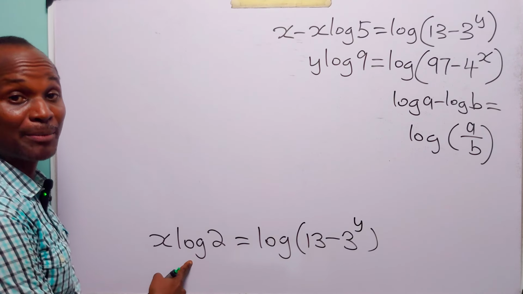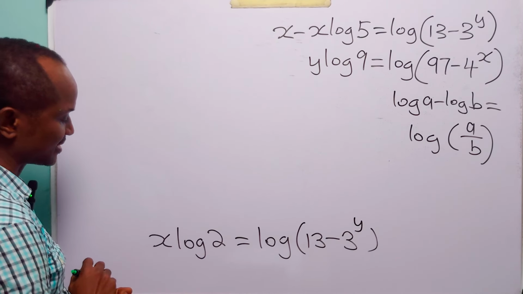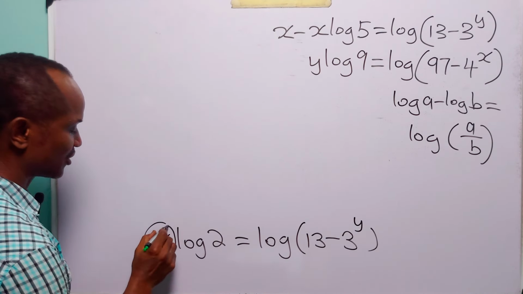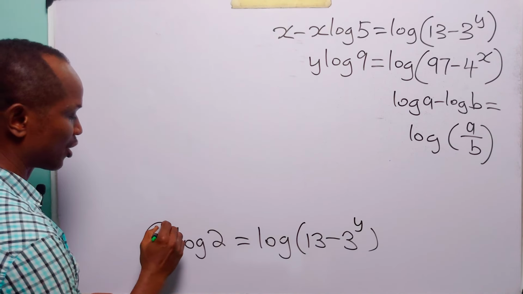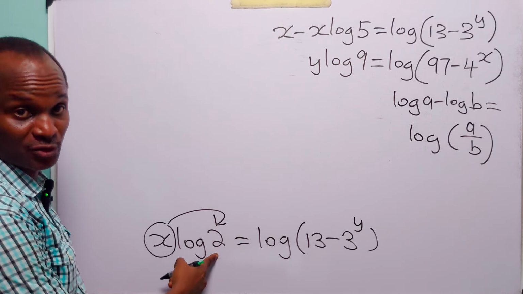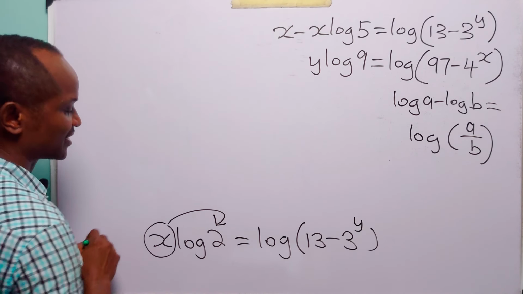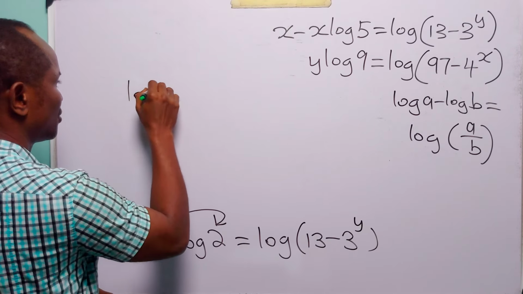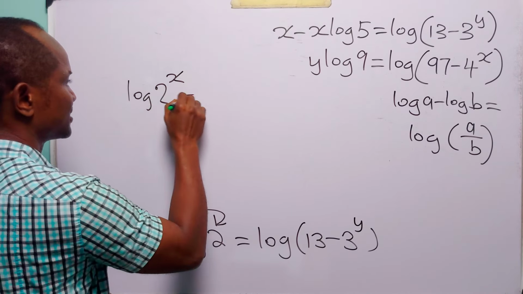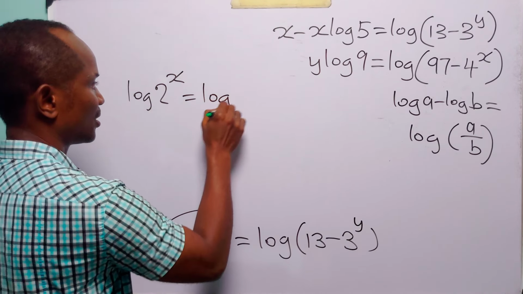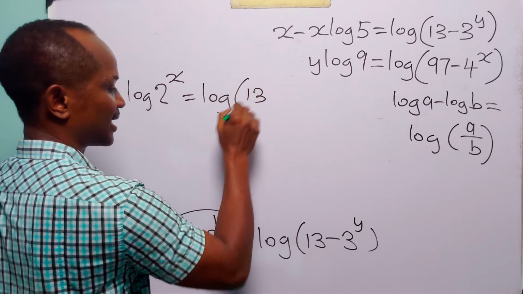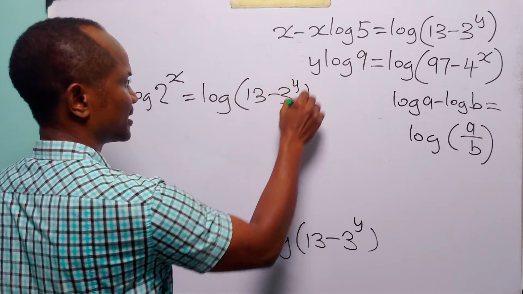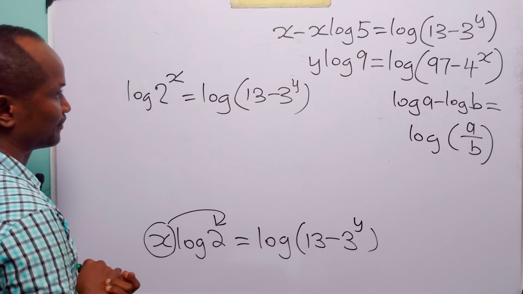Now, when we apply the power rule of logarithms to this left-hand side, of course, you know that we are going to take x, the multiplier, up to become the power of 2. And on this left-hand side, we are going to have log 2 to the power x is equal to log 13 minus 3 to the power y.